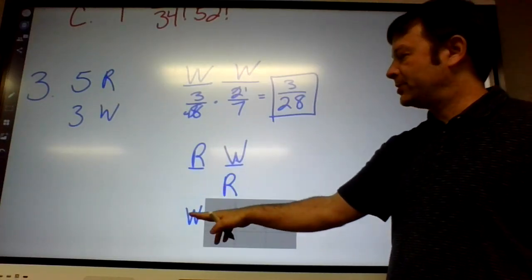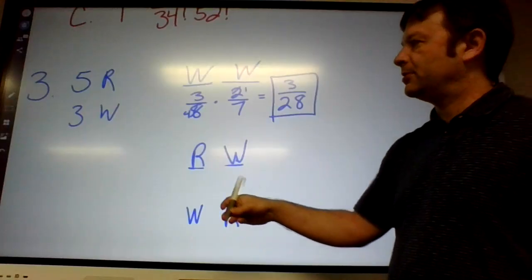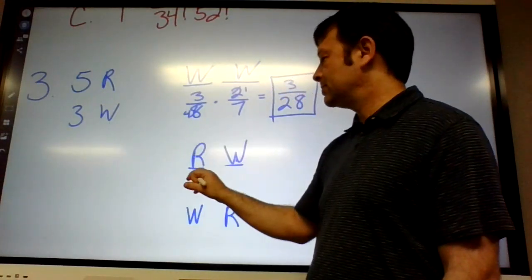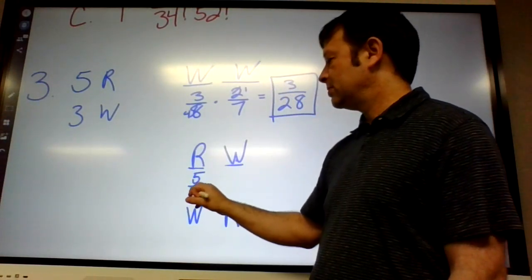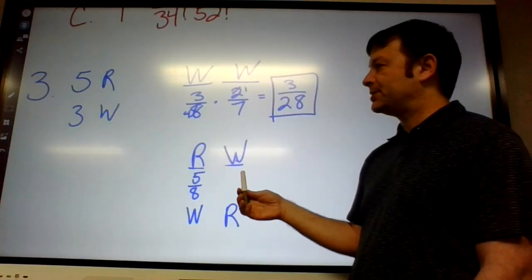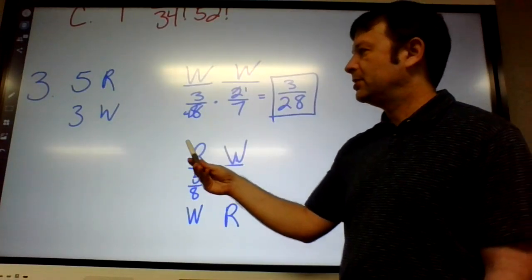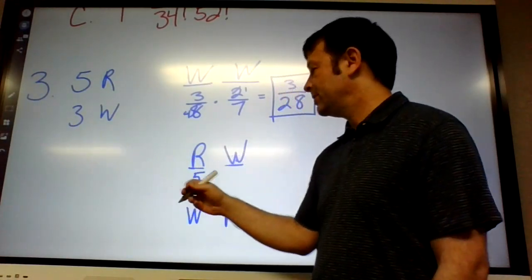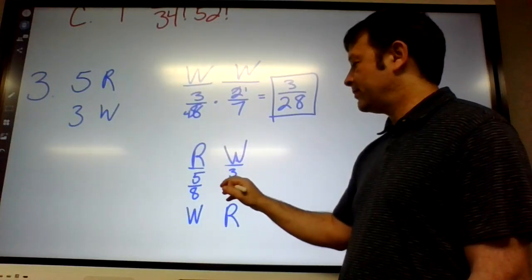Okay, what's the probability that we get red on our first draw? 5 out of 8. If we got a red on our first draw, what's the probability the second draw is white? 3 out of 7. Right, there's still 3 white left, but now there's only 7 marbles total left.